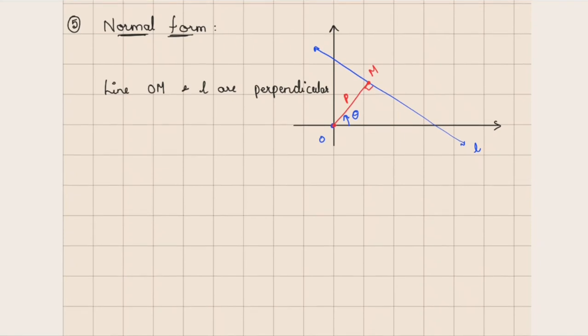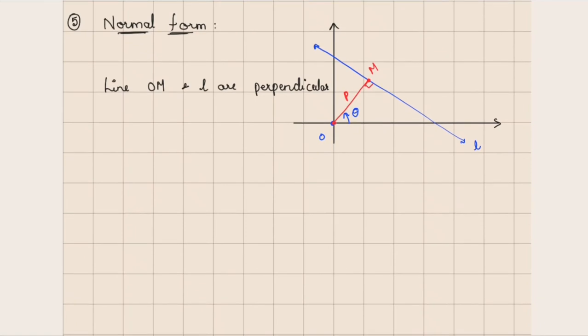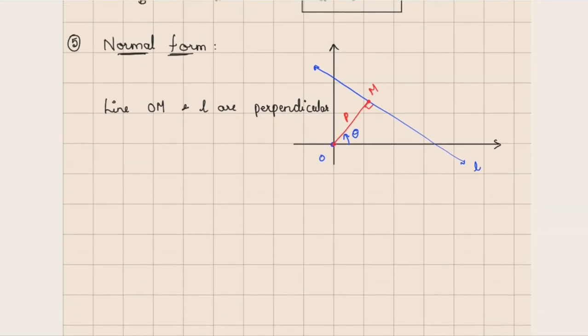So we know the product of slopes is -1. We have seen it in lecture 2, the conditions for the slopes of perpendiculars. So the slope of OM is known because we know the inclination. Slope of OM is nothing but tan theta. So let's say the slope of line L is m, small m. That implies m into tan theta equals -1.